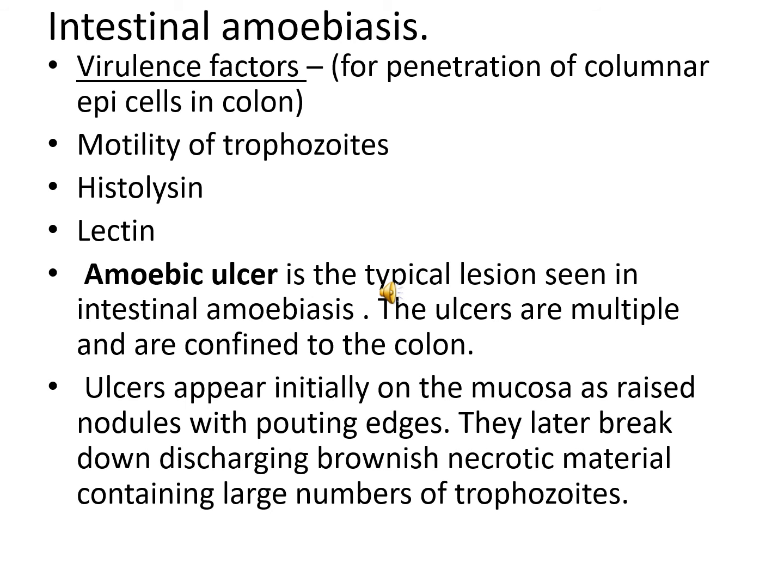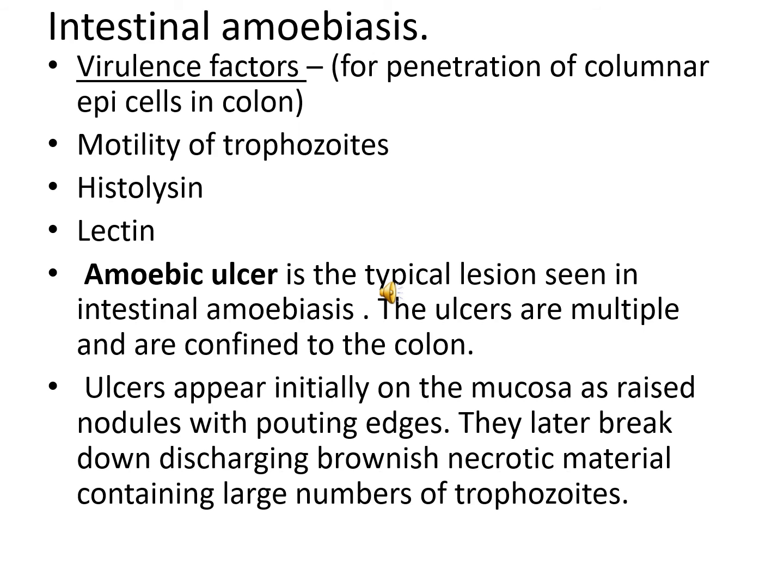The ulcers are multiple and confined to the colon. Ulcers appear initially on the mucosa as raised nodules with pouting edges. They later break down, discharging brownish necrotic material containing large numbers of trophozoites. So this is the explanation of the appearance of the ulcer.